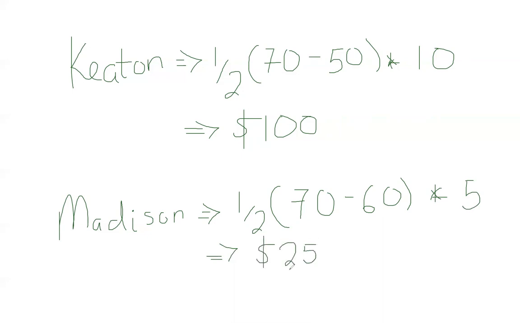How do we get 60? Well, it's the first point at which Madison doesn't offer any ride, okay? So that's how we find the producer surplus. It's half times the market price minus the minimum price times the quantity at the market price. Now, let's look at the total market surplus. The total market surplus is the addition of all producer surplus in the market.